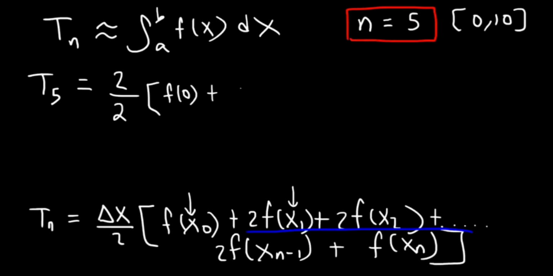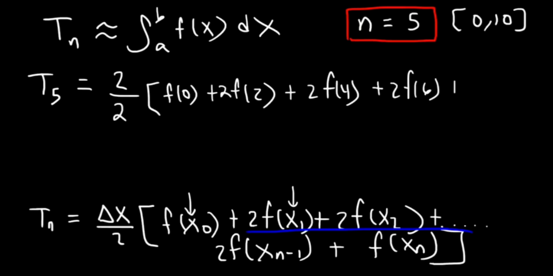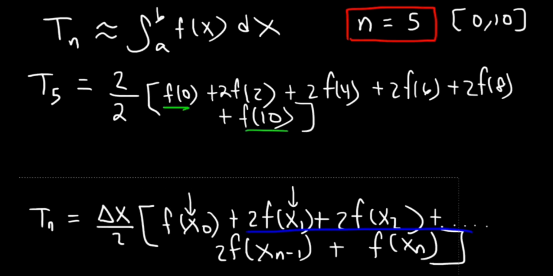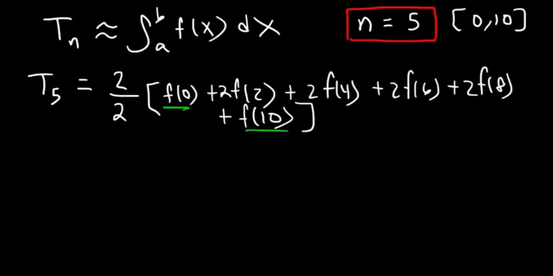The first x value was 0 and then it went up by 2 because delta x is 2. So the next one is going to be f of 2, but we need to multiply that by 2, and then 2 times f of 4 plus 2 times f of 6 and 2 times f of 8, but the very last one we are not going to multiply by 2. So f of 10 is the last one.